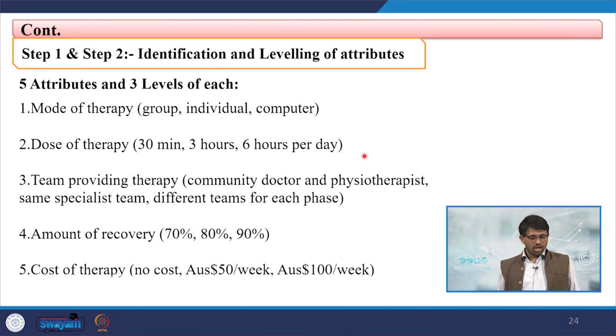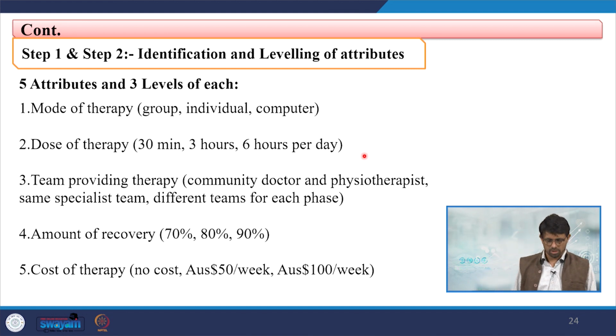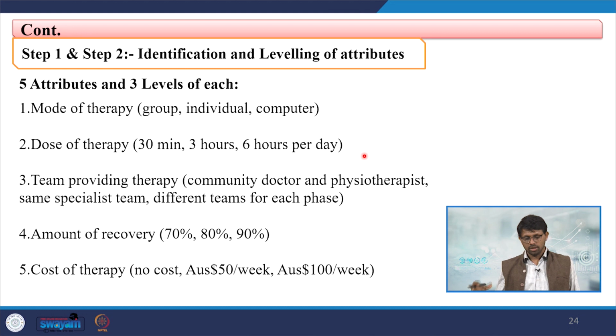Those 5 attributes are mode of therapy, dose of therapy, team providing therapy, amount of recovery and cost of therapy. The labels for mode of therapy are: is it group level, individual level, or computer level.